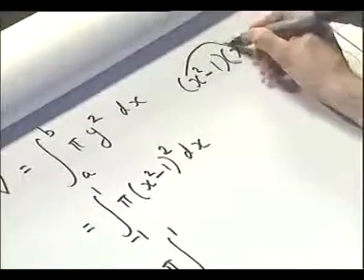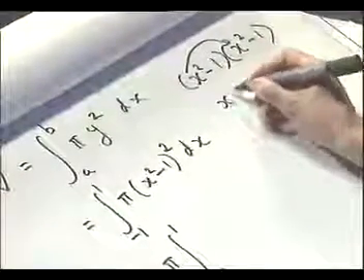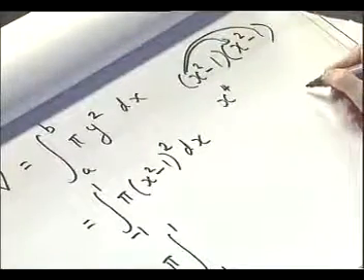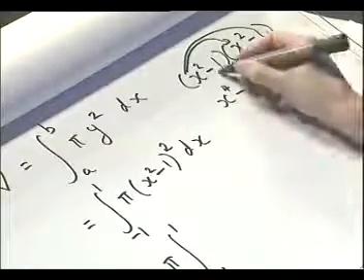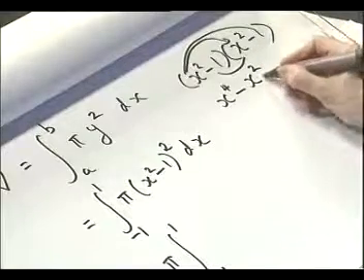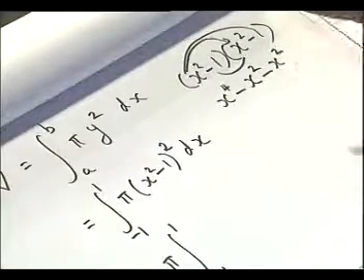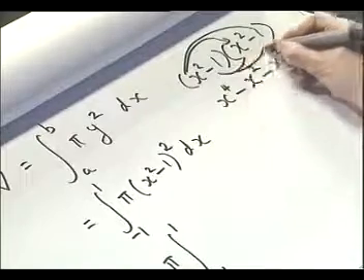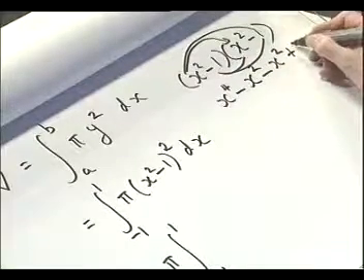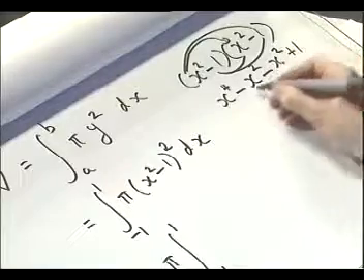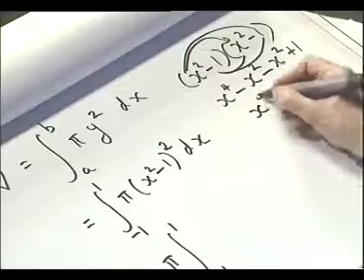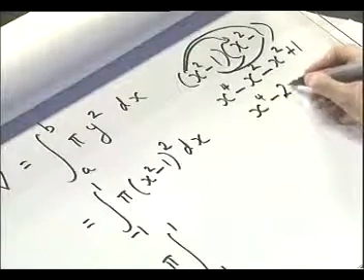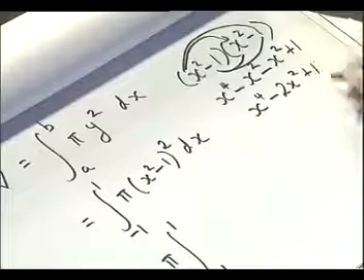So x squared times x squared gives us x to the power 4. x squared times minus 1 gives us minus x squared. Minus 1 times x squared gives us minus x squared. And minus 1 times minus 1 gives us plus 1. And this middle term, we have minus 2x squared, so x to the 4th minus 2x squared plus 1.